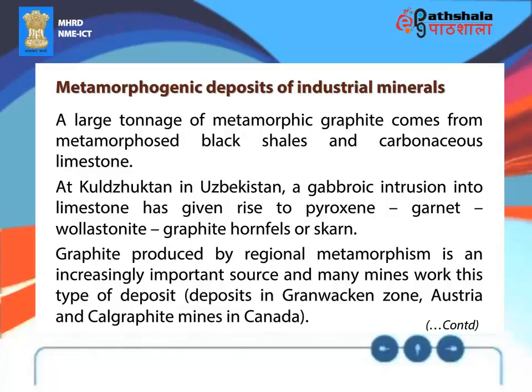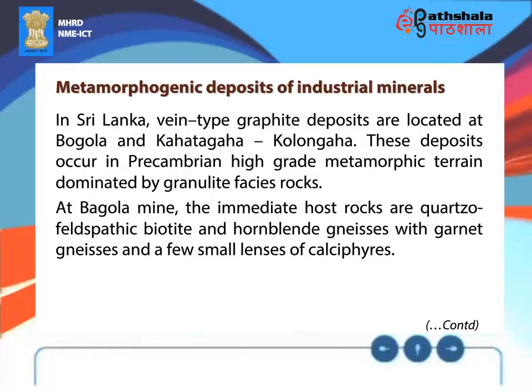Graphite produced by regional metamorphism is an increasingly important source, and many mines work this type of deposit, such as deposits in the Grauwacken zone, Austria, and Calgraphite mines in Canada. In Sri Lanka, vein-type graphite deposits are located at Bogala and Kahatagaha-Kolongaha. These deposits occur in Precambrian high-grade metamorphic terrain dominated by granulite facies rocks.